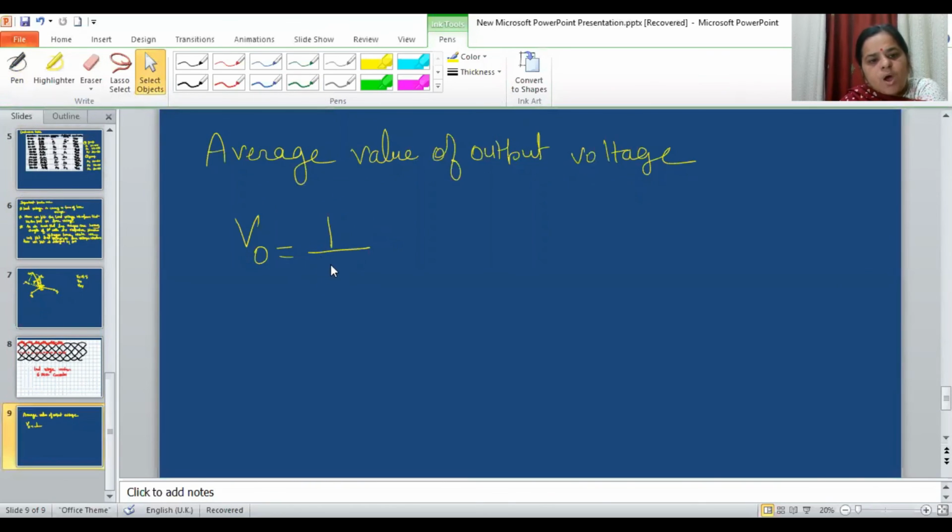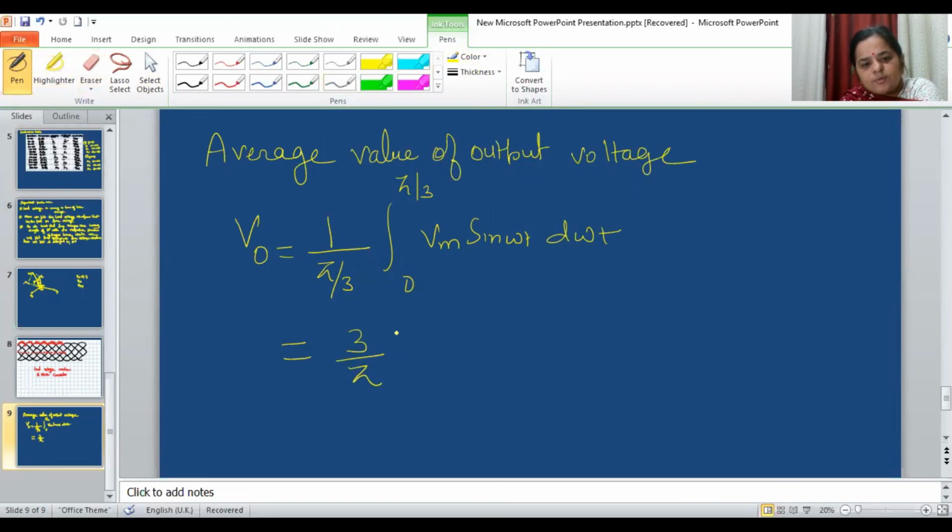So 60 I can write in terms of pi by 3. So 0 to pi by 3 Vm sine omega t d omega t. So what am I going to get? 3 by pi. Vm I can take common. Then integration 0 to pi by 3 sine omega t d omega t.